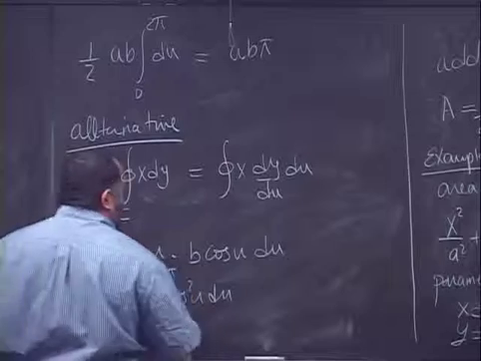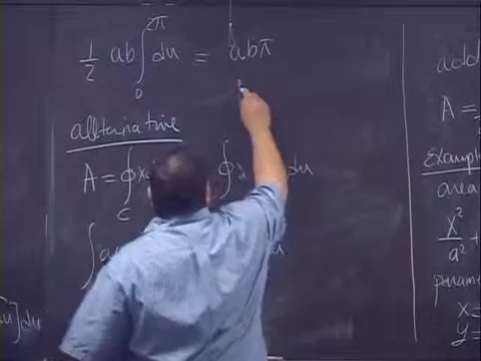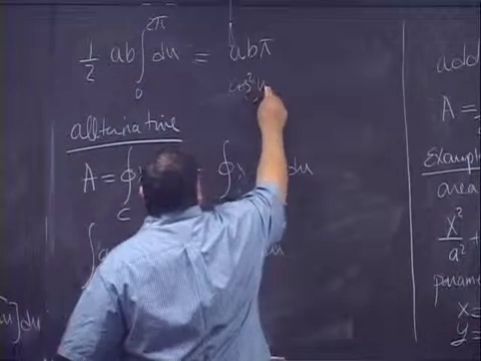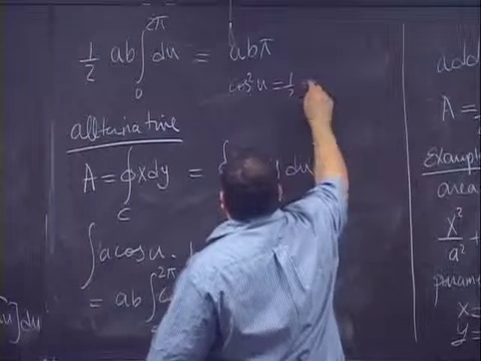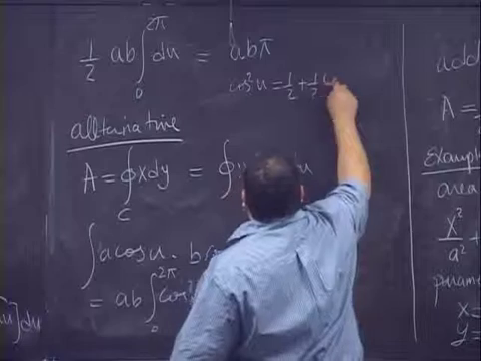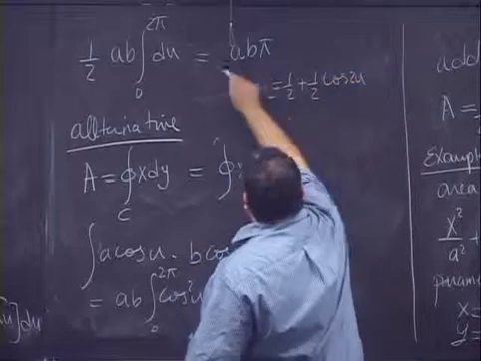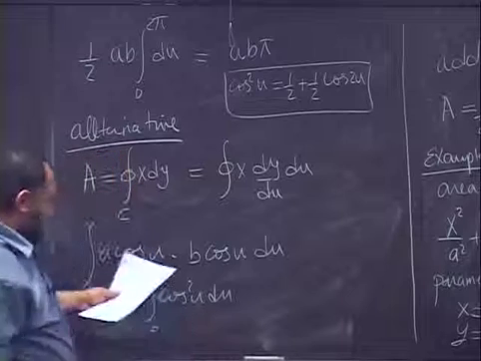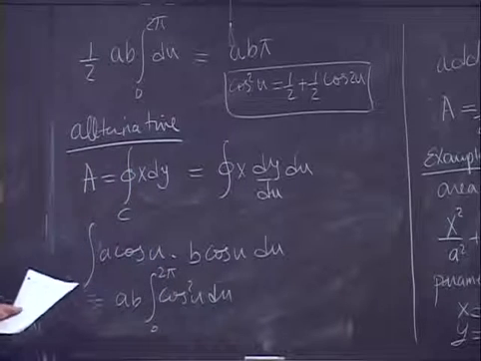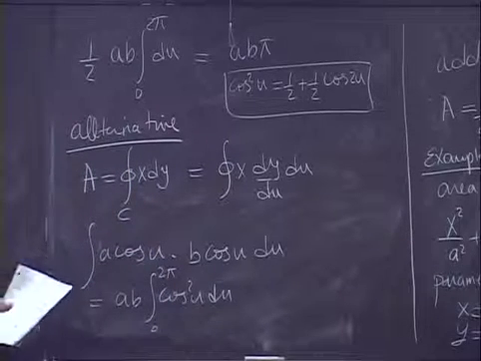What's cosine squared u, or cosine squared x or whatever? It's 1/2 plus 1/2 cosine 2u. If you return back to your definition from trigonometry, you will find that this is the value for cosine squared u.